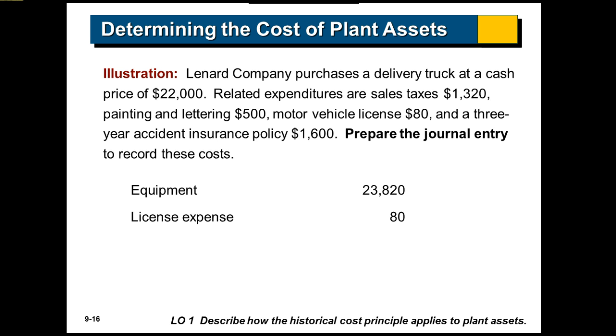Then our license expense will be written off in the period. Insurance will be a prepaid insurance of $1,600, and we'll credit our cash. So as each month expires or as the year expires, we will debit our insurance expense and then credit our prepaid insurance.